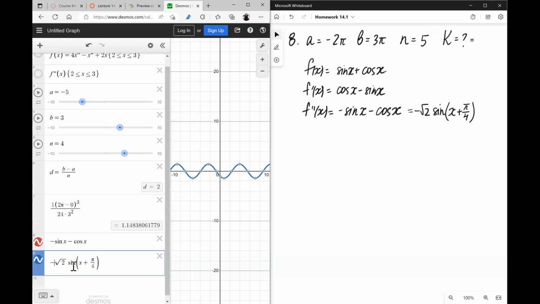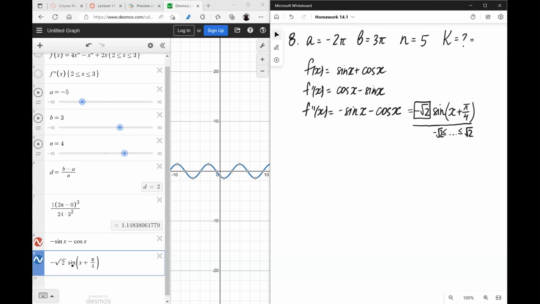You may wonder, why do we want to write it like this? Well, because sine ranges between 1 and negative 1. But when you multiply it by negative square root of 2, it now ranges from negative square root of 2 to square root of 2.